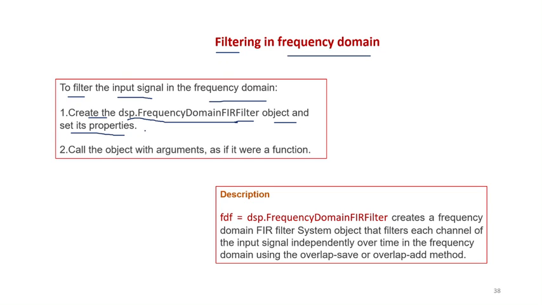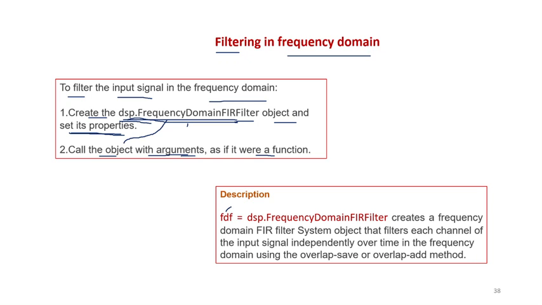We set this first by using this object and then call the object with arguments. Whatever properties you set for this object, call with those arguments as if it were a function. I'll explain more about that function.